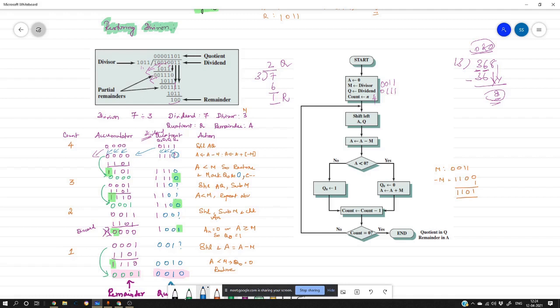What I'm doing here is trying to subtract the divisor. When I subtract the divisor, I actually do a 2's complement subtraction. So find the divisor. The divisor is 0, 0, 1, 1, which is there in M. To subtract, I do A plus minus M, that is, addition. So I find minus M. What is minus M? The 2's complement of M will be minus M. So find the 2's complement, you get 1, 1, 0, 1. I take this number and add.